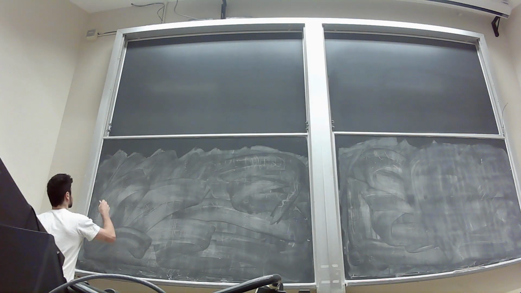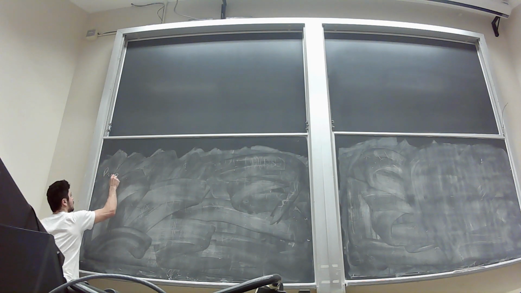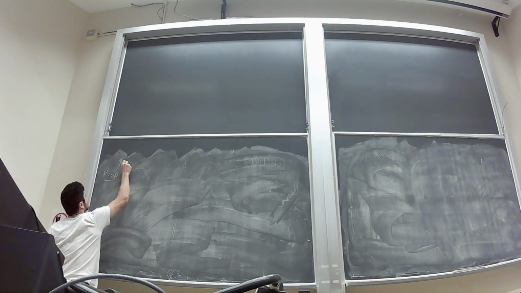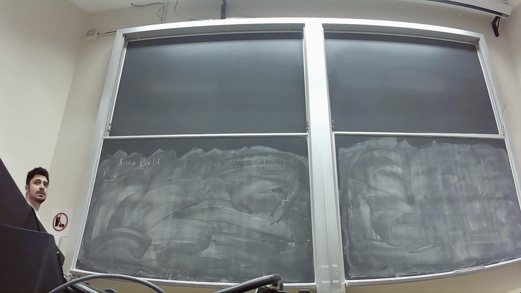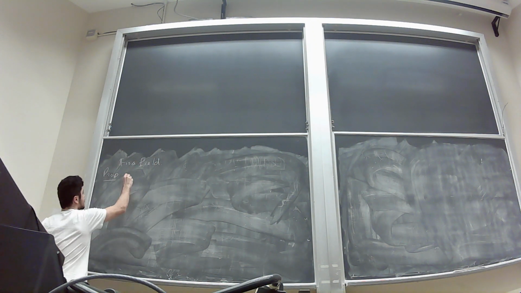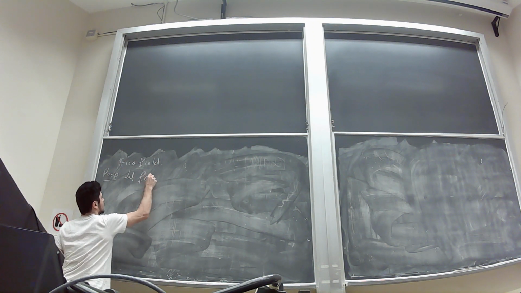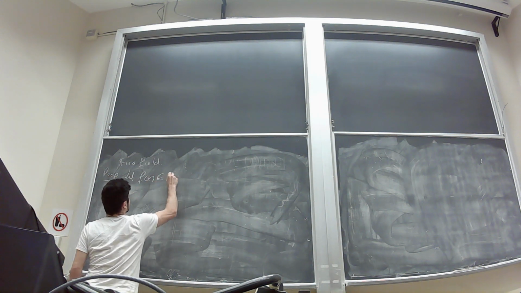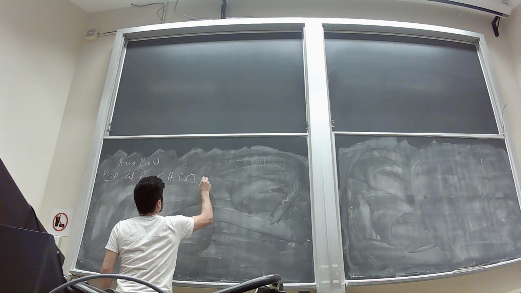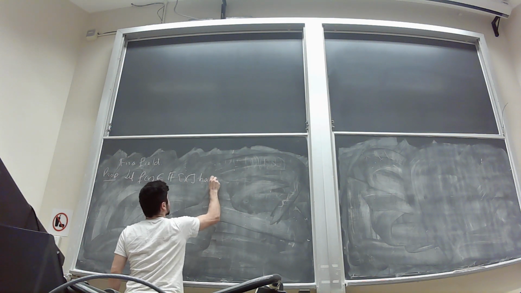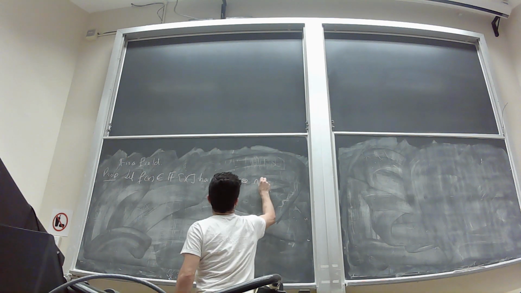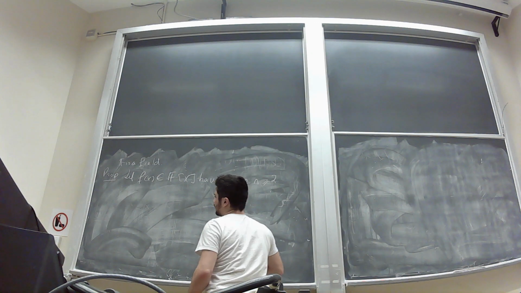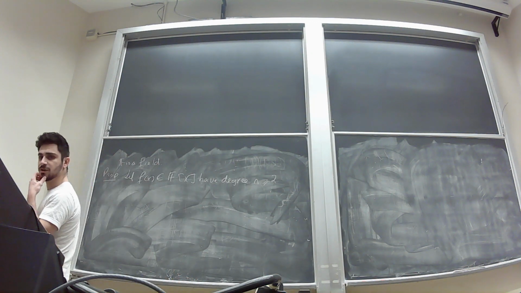We will drop. So F is a field. Let f of x be a polynomial of degree n. Let's say degree equal to 2; I mean, if the degree is 1 the result would be obvious.